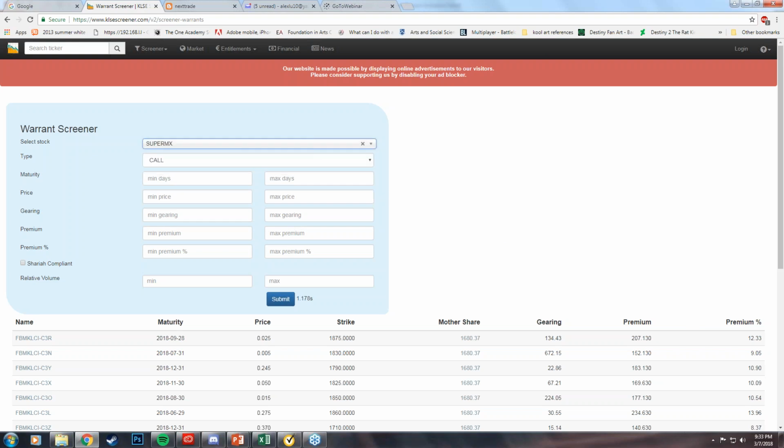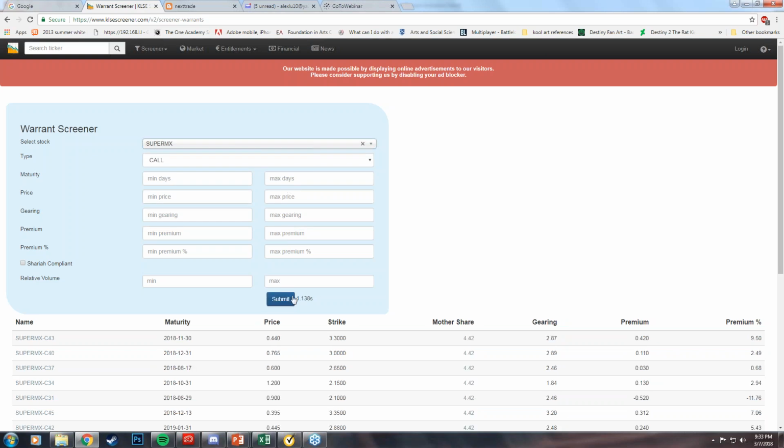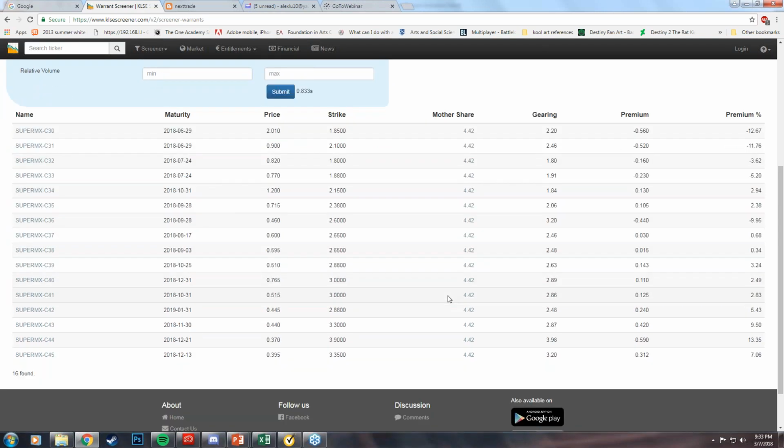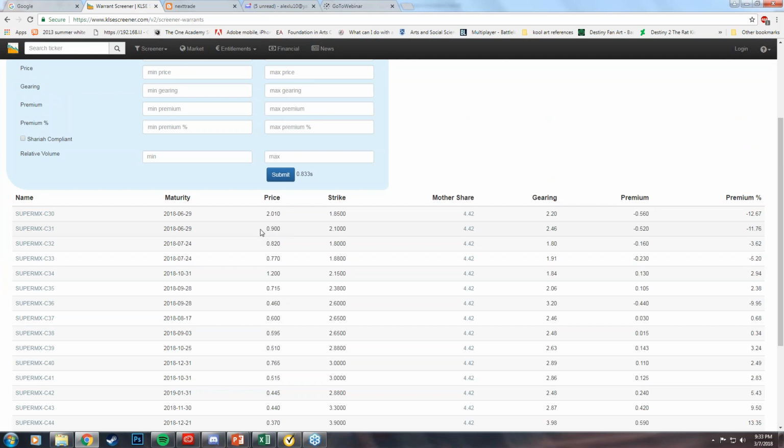Let's suppose you yourself are very bullish on Supermax, and you want to consider the call warrants of Supermax. So you have this short list here of all the call warrants of Supermax.